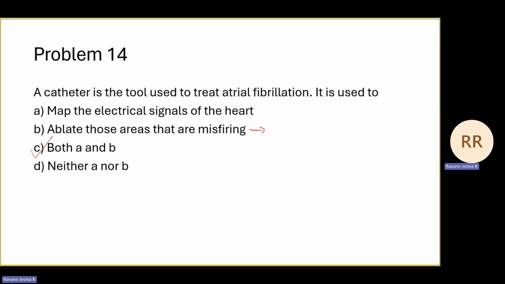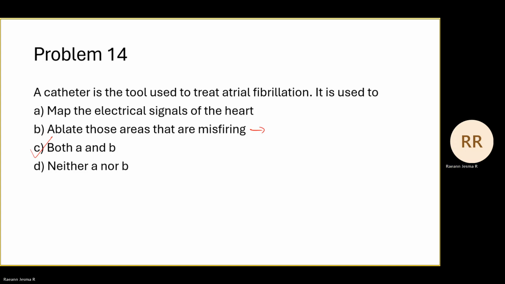From that you can know where the issue causing the atrial fibrillation is present. If there is some particular tissue causing it, you can ablate the tissue, which creates a pathway for the electrical signal to flow through properly.